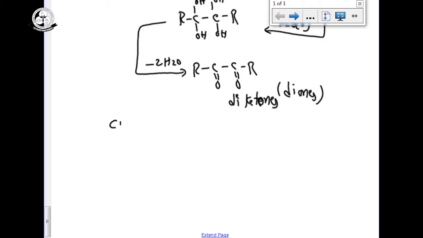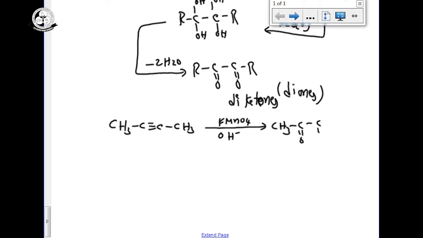Simply, I write CH3, C triple bond C, CH3, using KMnO4 in presence of the basic medium. You can get CH3, C double bond O, C double bond O, CH3, a diketone. This is the reaction with KMnO4.